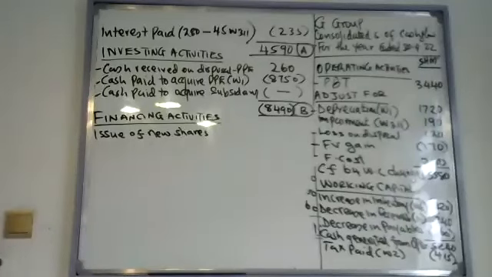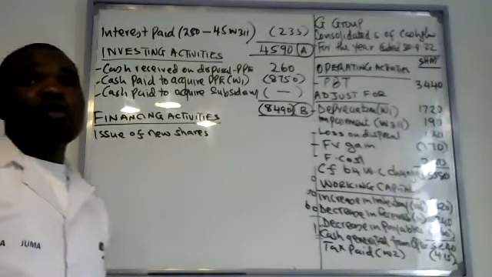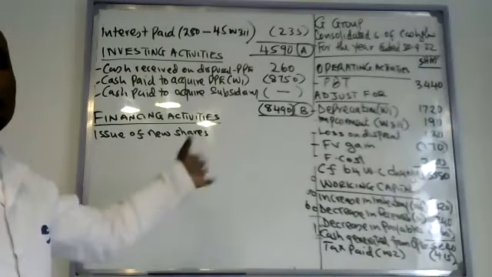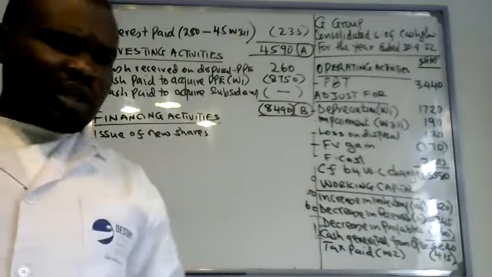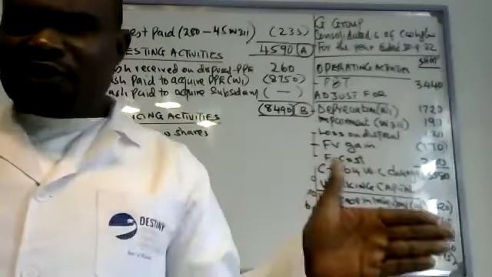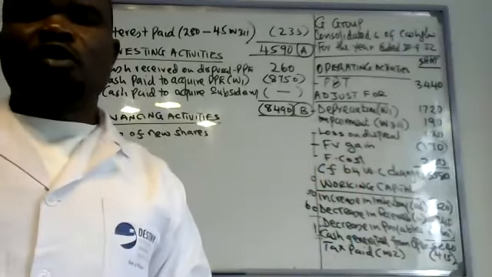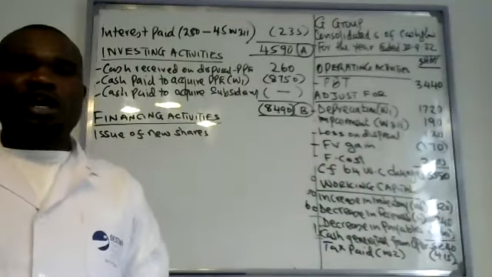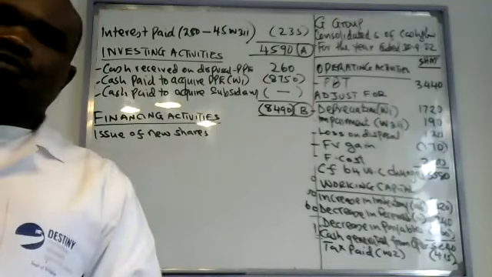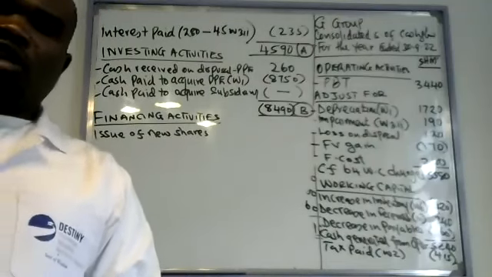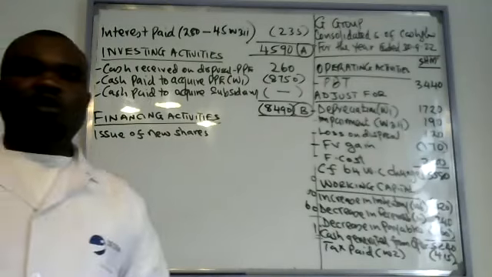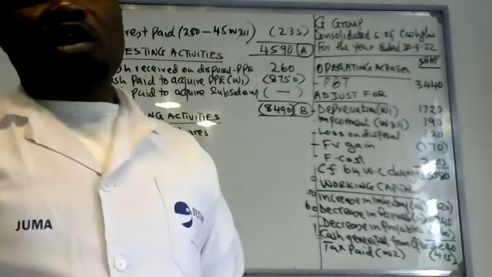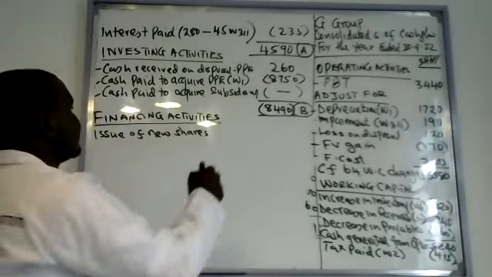You check, there's a working we did somewhere, working 4 or 5. Ordinary shares. We balanced and we realized the issue for cash. How much? Check your working for ordinary shares. How much was it? 5,000.